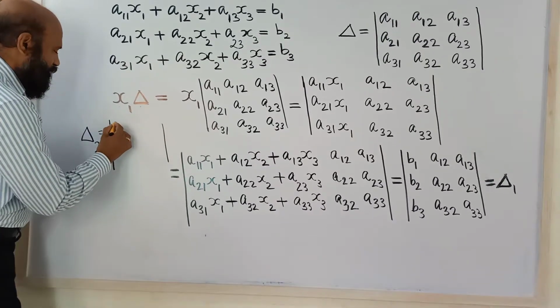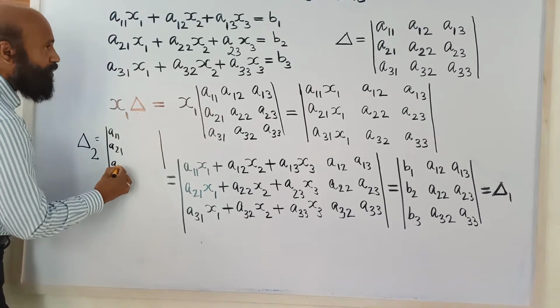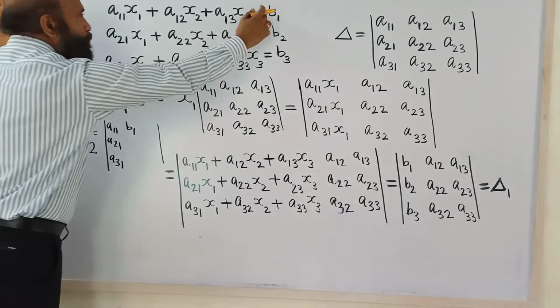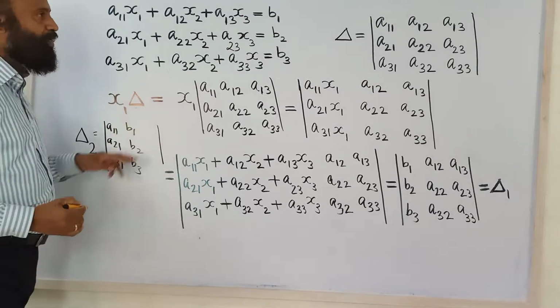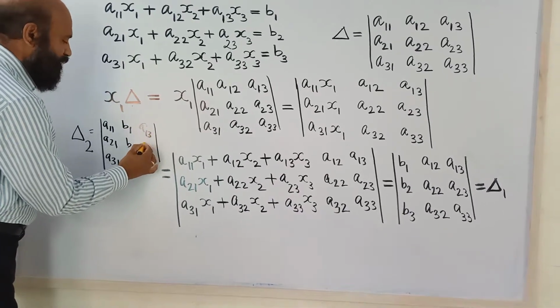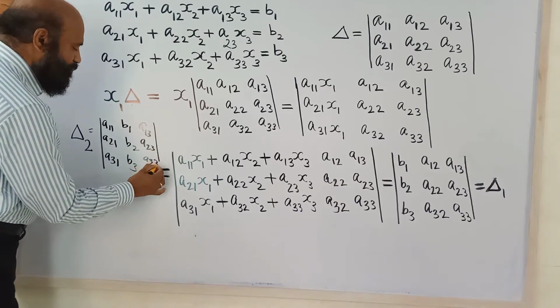First column there is no change: a11, a21, a31. Second column you replace by b1, b2, b3. Third column there is no change: a13, a23, a33.